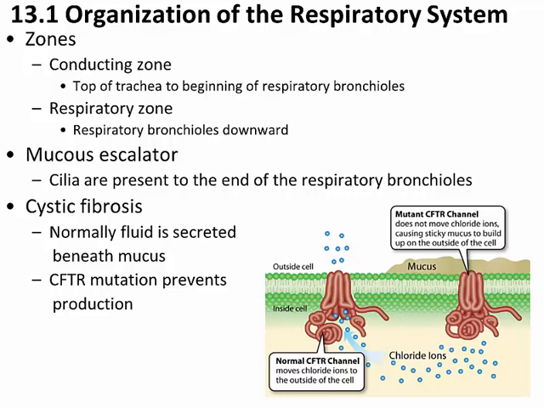One thing that we want to mention is this. Our lungs are pretty good at getting things out of them, which should make us feel better about this topic. But what we see is that there are cilia present in our upper respiratory tract all the way through the conducting zone, even down into the respiratory bronchioles just a bit.